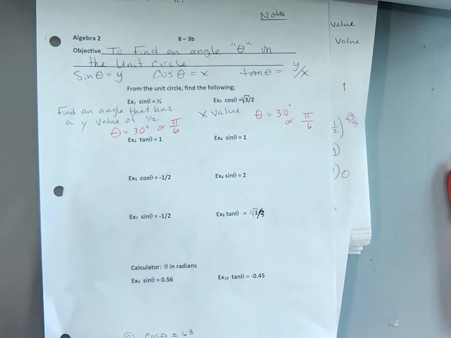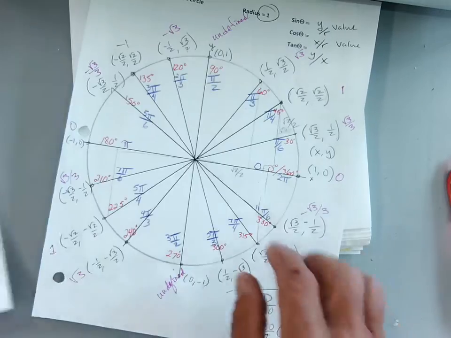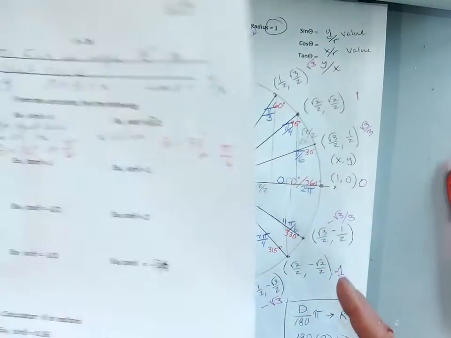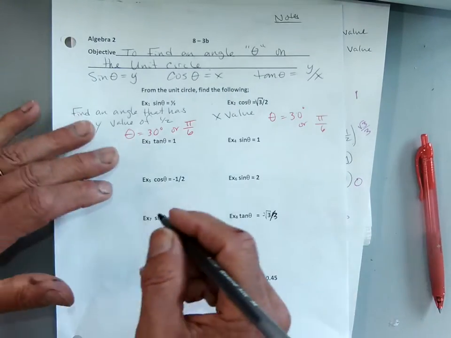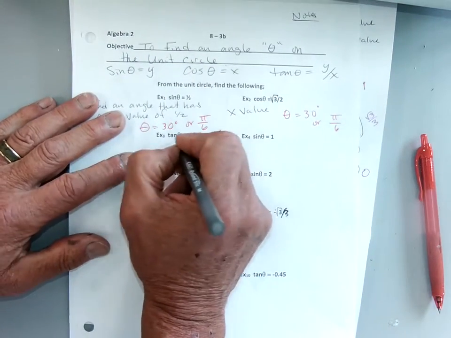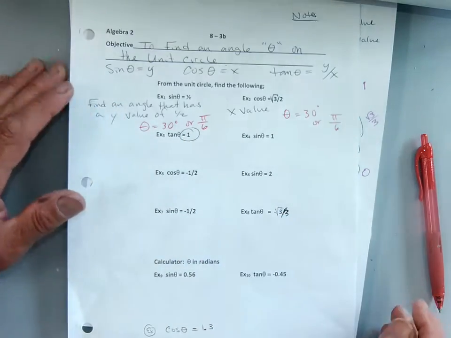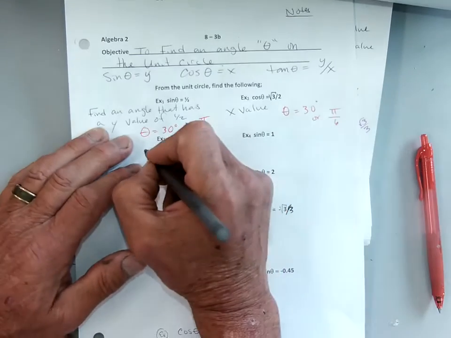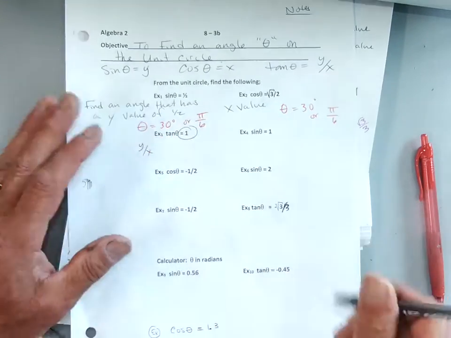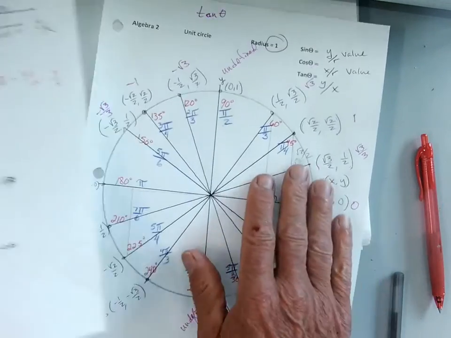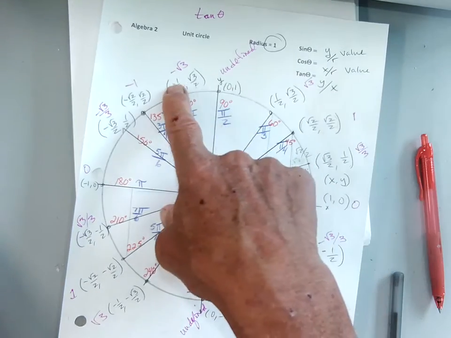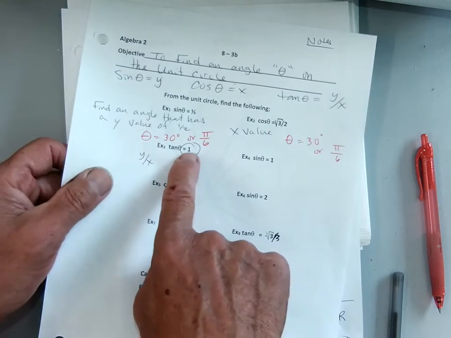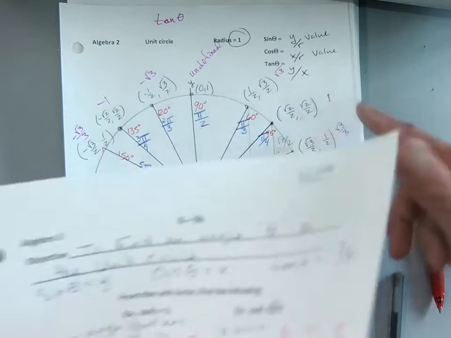Now tangent. We made tangents easy. I made my tangent values in pink, right? So I'm looking for a tangent value that has a value of 1, which would be some y over x. And fortunately, we did all of those calculations throughout our unit circle to make it easy for us. So I'm really looking for y over x, which equals 1, and it's right there.